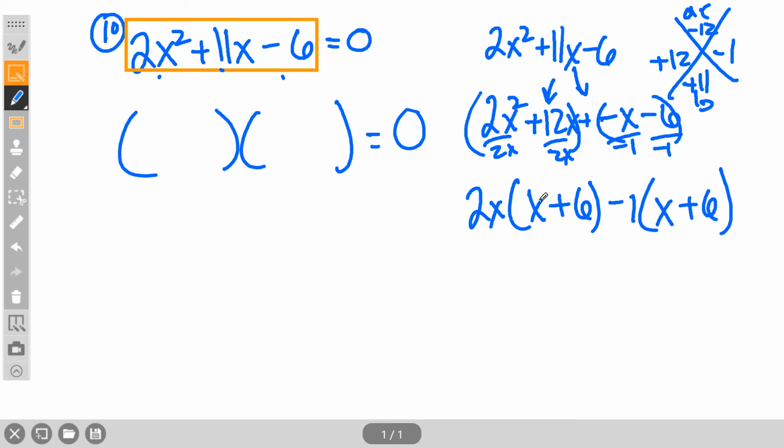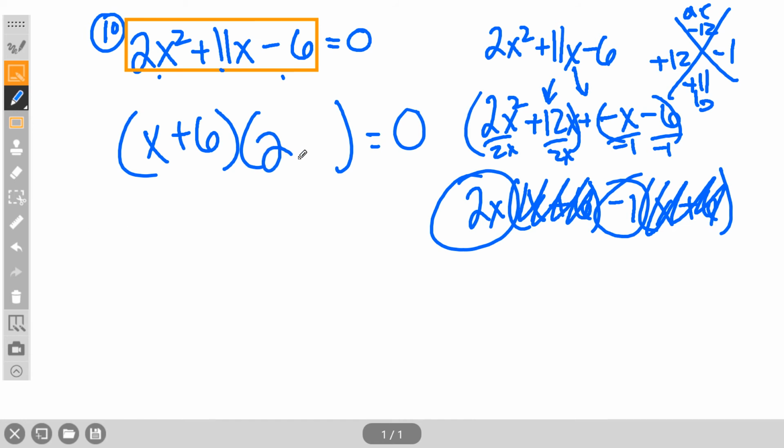So now I can fill in my two factors. First one is going to be what they have in common, which is x plus 6. That can be factored out, and what I have left, 2x minus 1. Now at this point I can set factors to 0 to solve this.